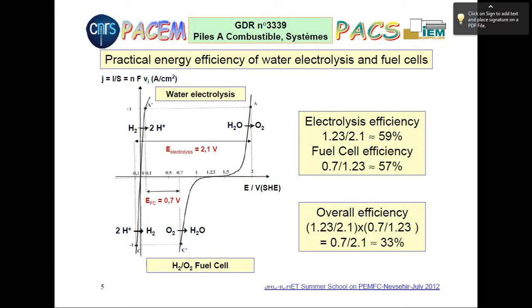And then you have in the y-axis the rate of reaction, the rate V. It is in fact the intrinsic rate, because it is the rate per unit square centimeter or square meter of interface. Because these electrochemical reactions are heterogeneous reactions, they occur at the interface between the electronic conductor and the ionic conductor.